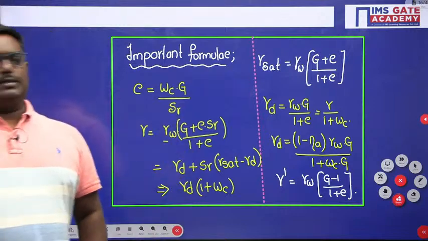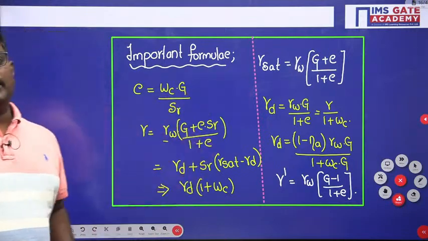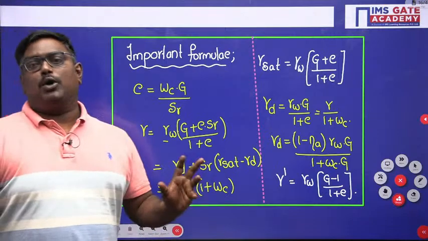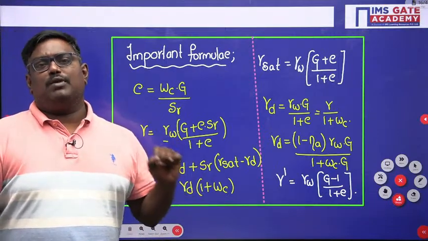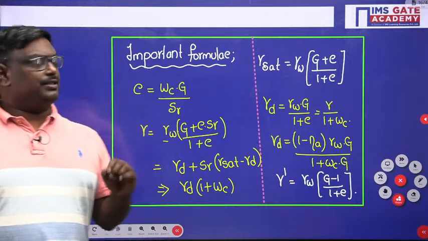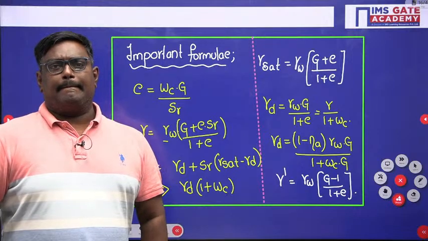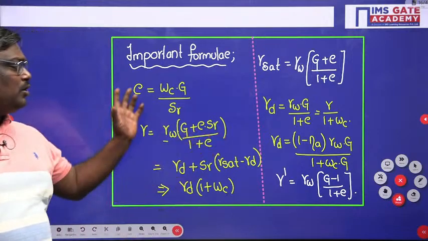Please write down this table. These are the important formulas we have discussed here. All these formulas will be very important for you, my dear students. Please write down this. I'll give a moment to note this down.